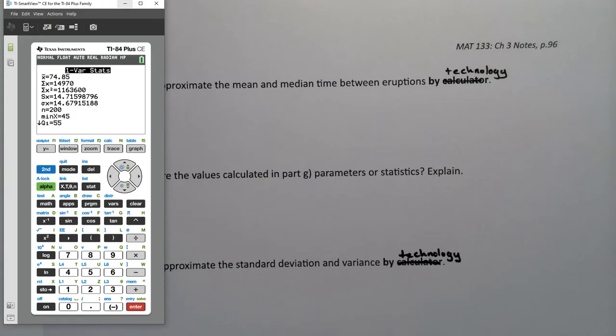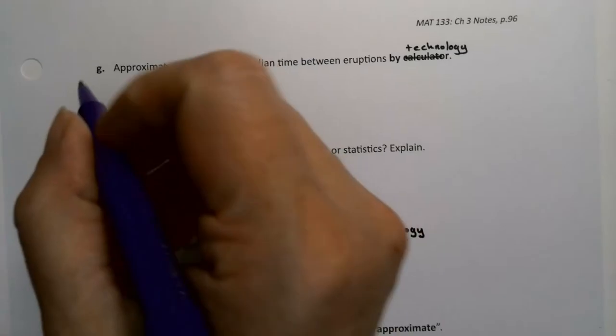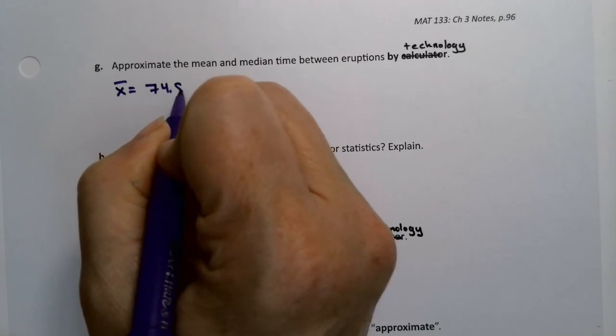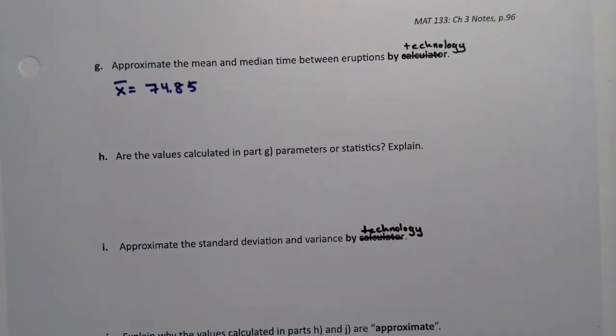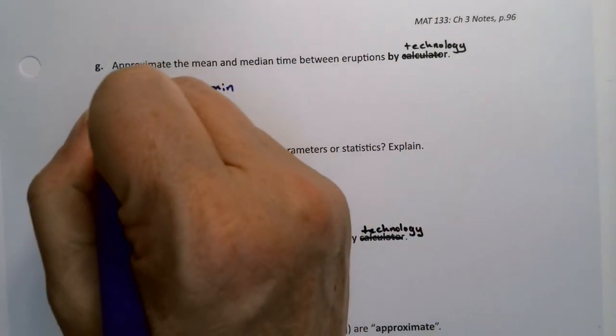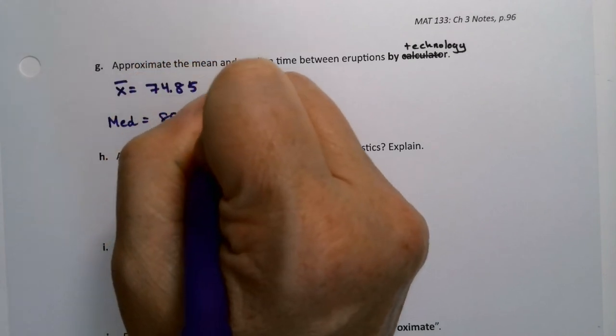Okay, so one way or another, we found those values. We found that the mean is 74.85, and the median was, let's see if you remember. On the calculator, you have to kind of scroll down to see it. MED, there it is, 85. Now the units for both of these, we already said, is minutes. So this is minutes, and the median is 85 minutes.